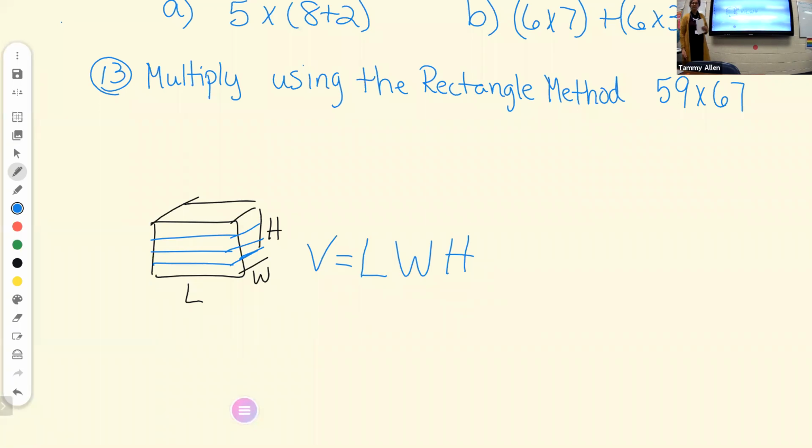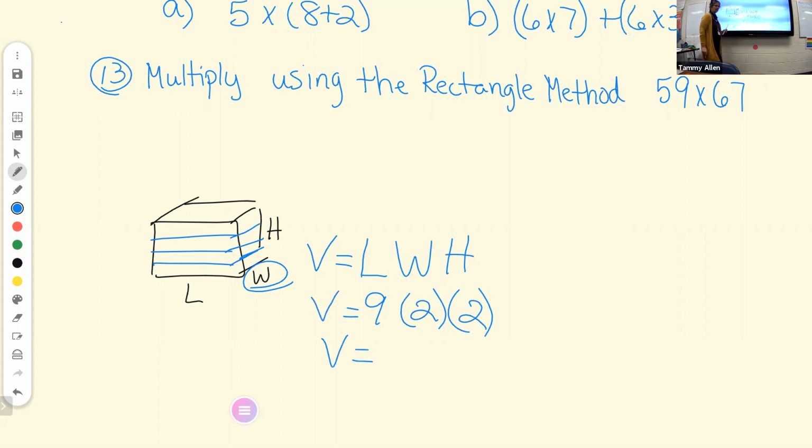If we look at this particular rectangular prism, what is its length? 9. What is its width? 2. And what is its height? How tall is it? Maya? 2 inches.